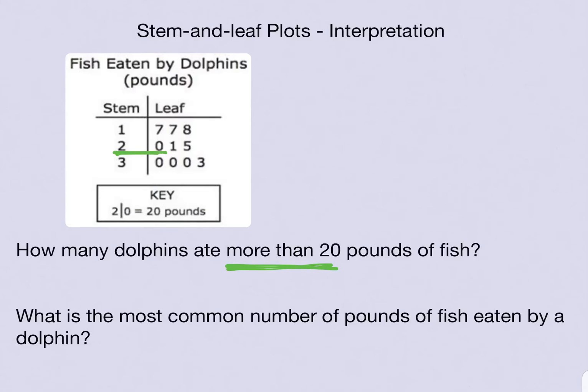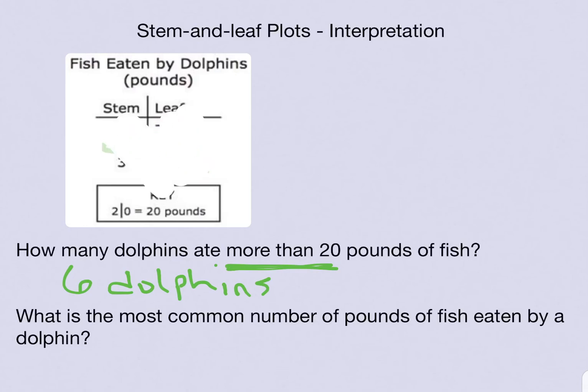Some people want to include the 20 here, but it says more than that. So we're actually going to start with 21. 21, 25, 30, 30, 30, and 33 are all more than 20 pounds of fish. So that means we have 1, 2, 3, 4, 5, 6. 6 dolphins ate more than 20 pounds of fish. If this was a multiple choice question, they would definitely have the number 7 listed because most people would want to include that 20 right there.